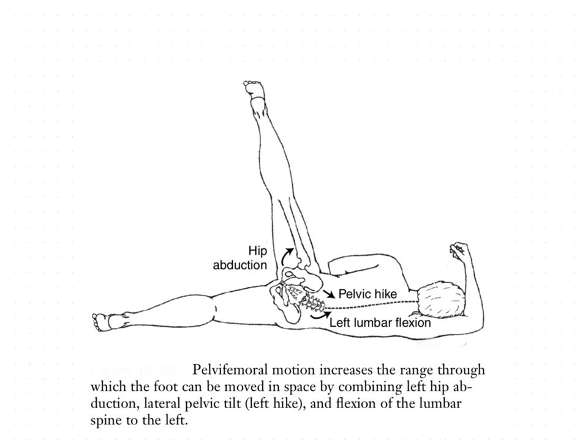Here the woman is in side lying. An attempt at maximal abduction of the top leg will bring the leg through as much as 90 degrees of motion.